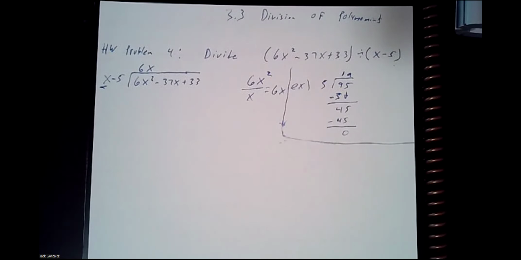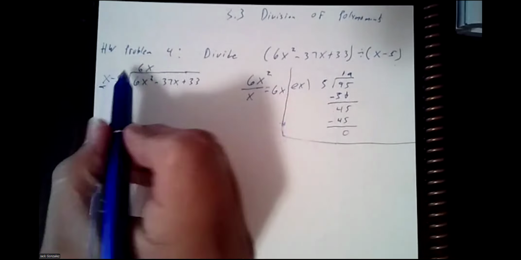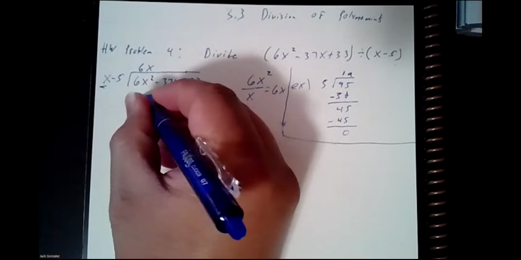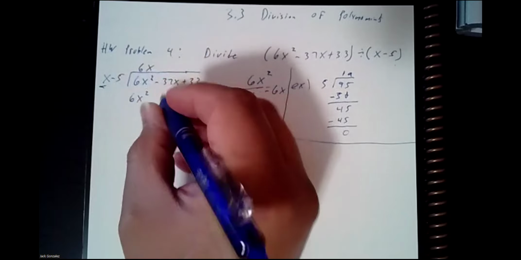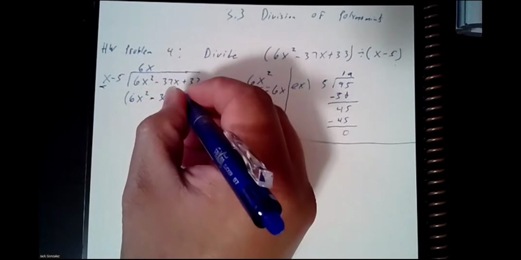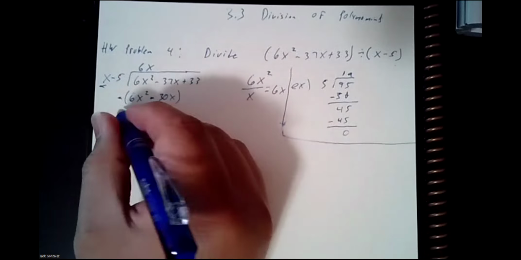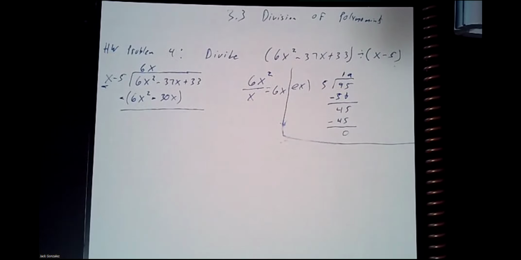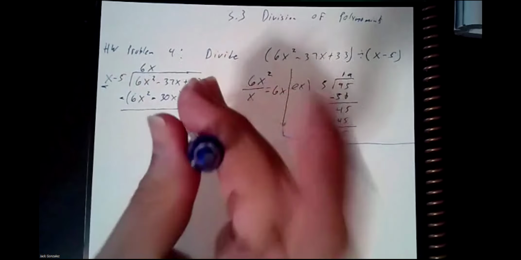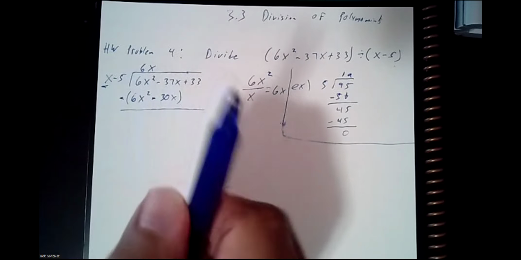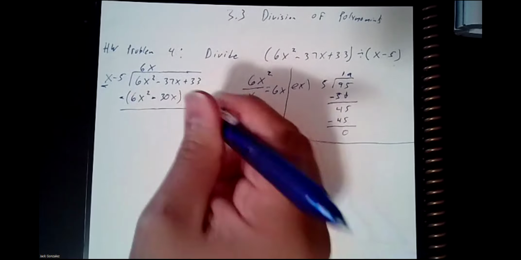Then you do the pattern. 6x times x gives me this. 6x times negative 5 gives me negative 30. Then you switch all the signs. So this becomes a minus and that becomes a plus, and then you add them together.